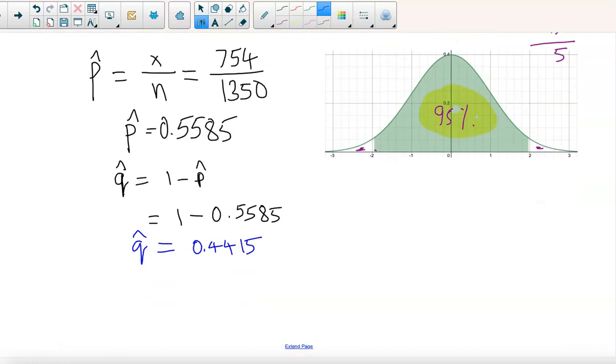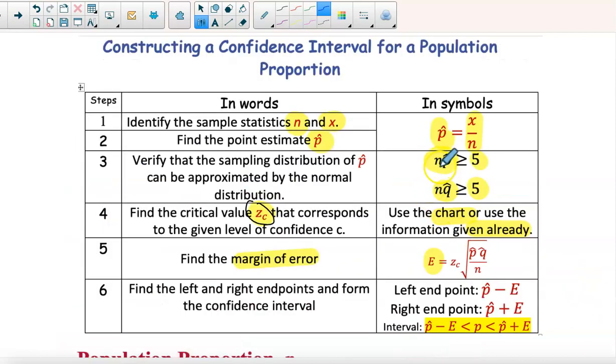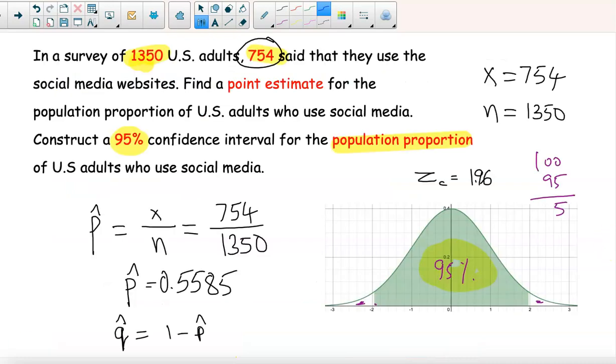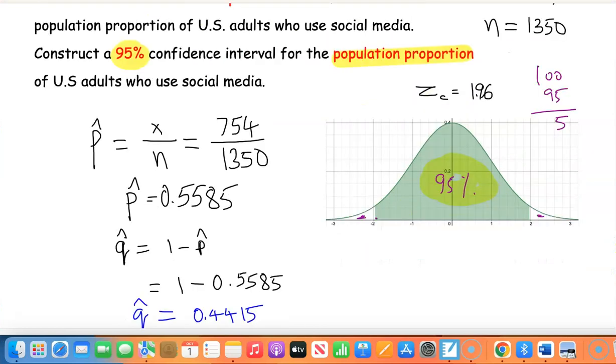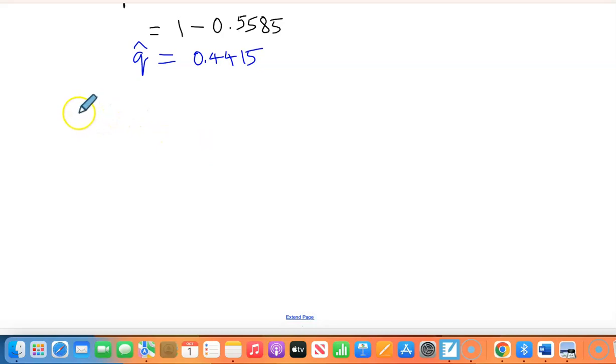Now what is the next condition? I have to look for this. Find the product. N times P hat and N times Q hat must be greater than or equal to 5. Okay, so let us multiply. First, N times P hat.